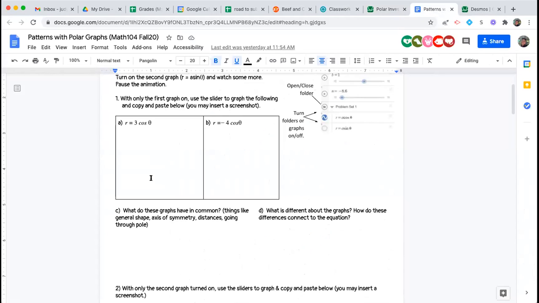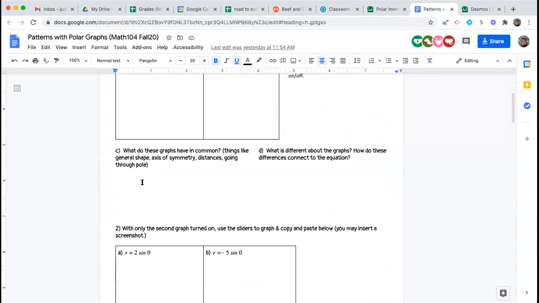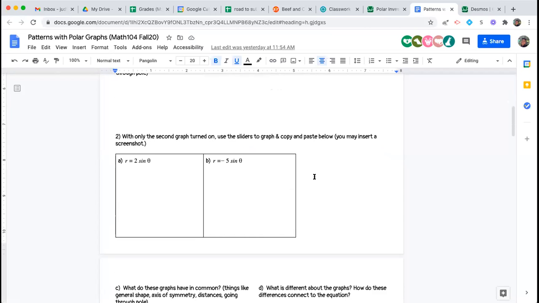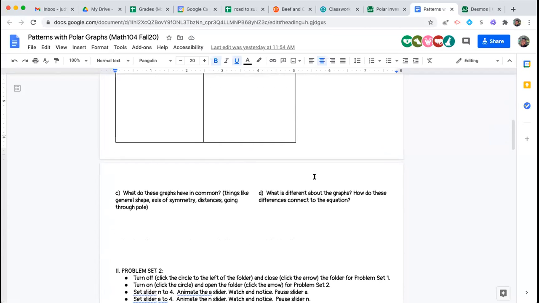So kind of like the other activity we did earlier, you're going to save a copy for yourself. You're going to insert your screenshots in there, and then I'm going to ask you some questions like, what are these things that the graphs have in common and what's different about them? But more specifically, how does the equation tell us what's happening with the graph, okay? So play around with this. Some of this is going to be review from the circles that we learned in class today.